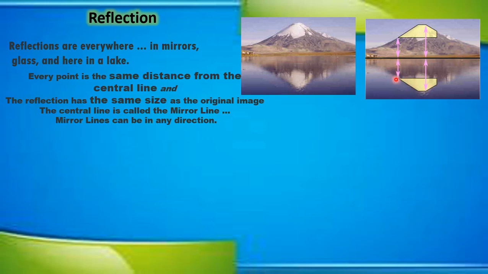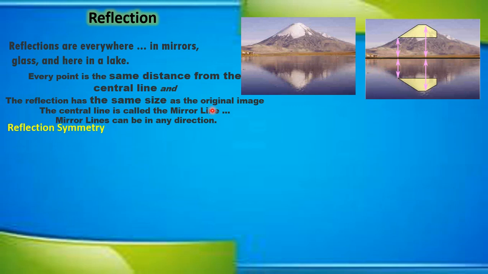So the distance of the vertices from this mirror line is the same in the original and in the image. The mirror line can be in any direction. It is not necessary that the mirror line is horizontal. It may be a vertical line, it may be a diagonal line.